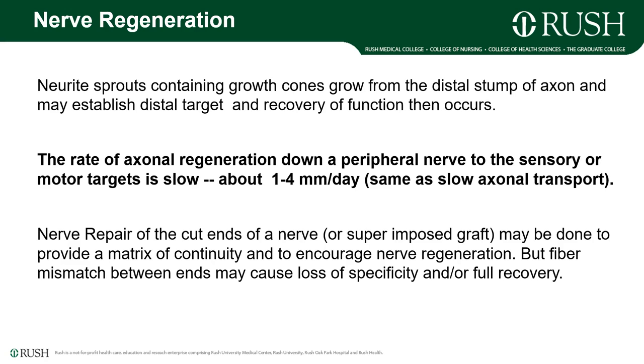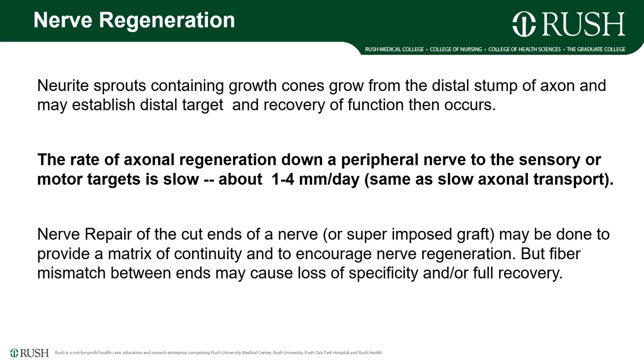regenerating axon. To help that repair, sometimes you have to bring the ends of the nerves together, or superimpose some kind of graft on top of the nerve injury, and in doing so you're providing a matrix for continuity, and that encourages the regrowth of the nerve.